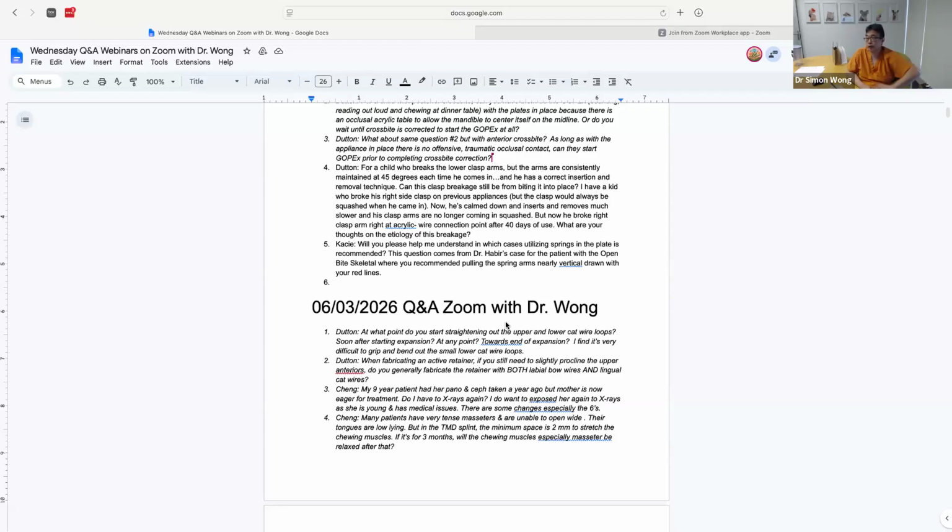Once you have those springs expressed and you have intruded the 6s, when the timing is right, at the exfoliation of the first primary molars, the D's, you will effectively have only the E's holding the bite up.